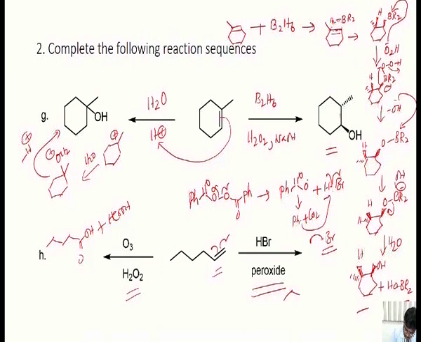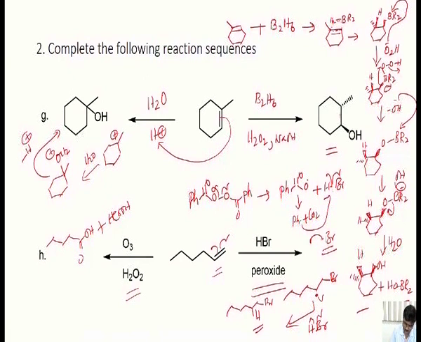to form a secondary radical. This radical now further can react with HBr, and in this way you will be able to form this as the product.